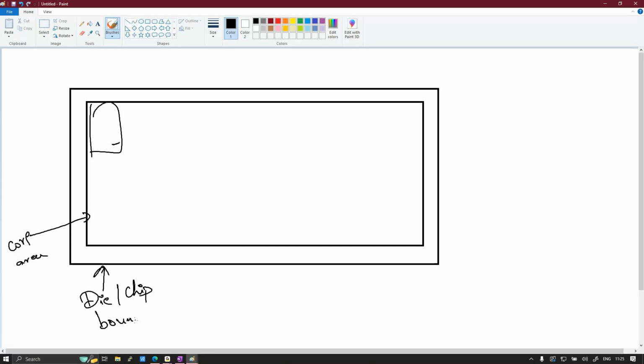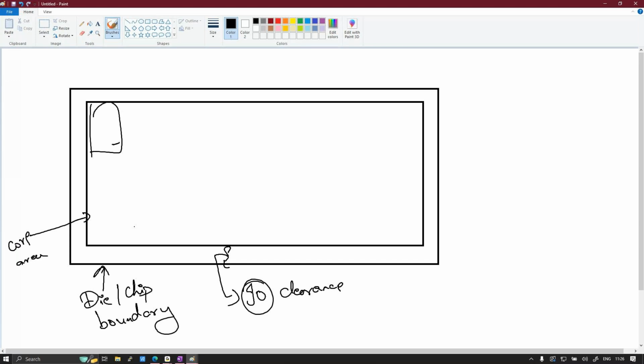Beyond this, there will be no extensions. Okay, and internal to this, you will be having the IO clearance area, where you will be placing your IO ports. Okay, every port has to be placed in this IO clearance area, where it has to be placed is everything that is present inside your TDF. Okay, so this is about your basic terminologies, and internal to this core area, again there are some more terminologies.